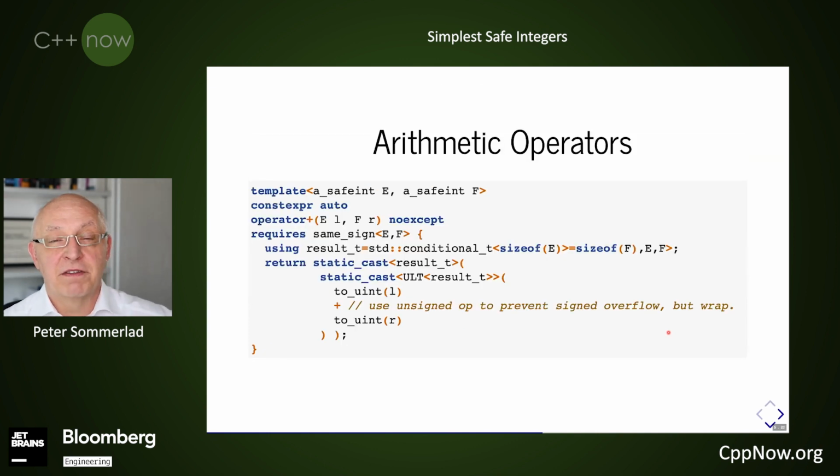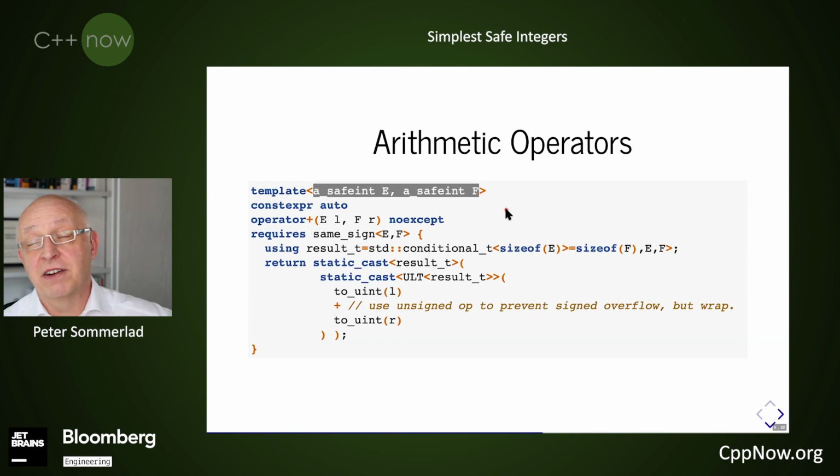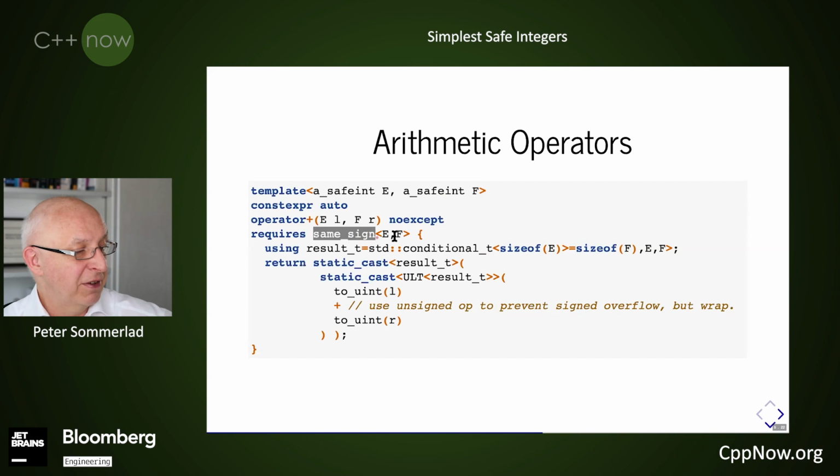Now, as an example of arithmetic operators, consider that we use two safe ints. They might not need to be the same, but we also want to make sure that they have the same signedness, so we don't mix signed and unsigned versions of our safe integer types together. So we have a requires clause here that checks for the same signedness of our safe int types.